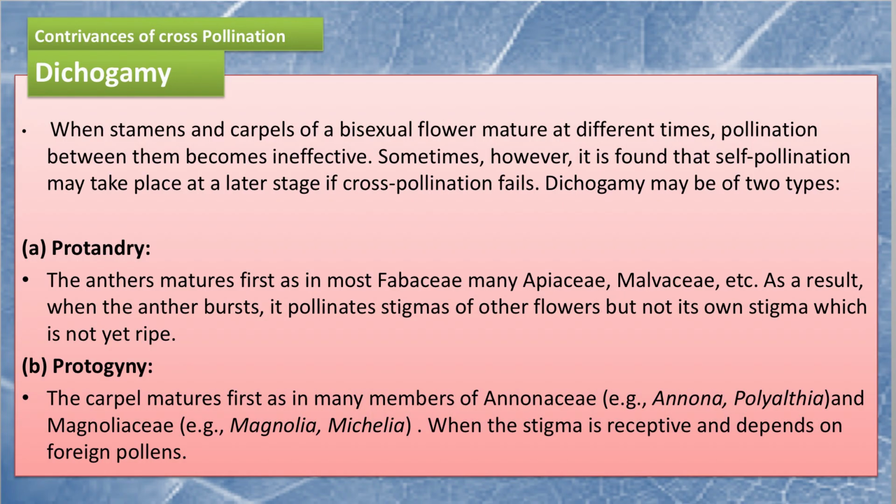When the female part matures first, we call that protogyny or protogynous condition. So, this is about dichogamy. When the male part matures first, the pollen grains of that anther pollinate some other plants, and the same in case of the protogynous condition. When the female part matures first, the stigma receives the pollen grains from the other plant.